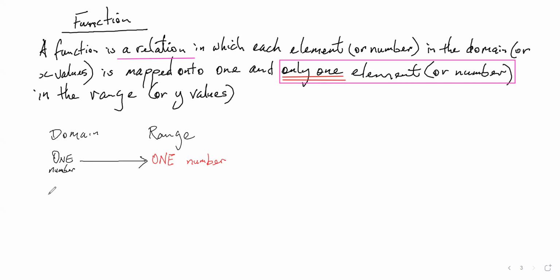Or I can have two numbers going to, so let me put it like this. How many numbers would I go to in the range, given the rule?